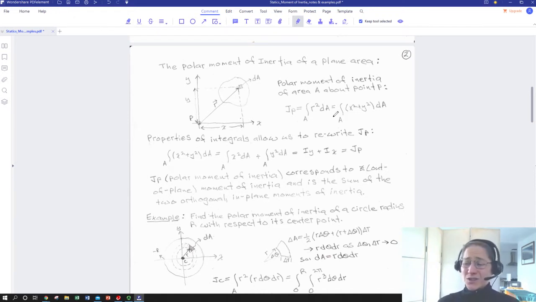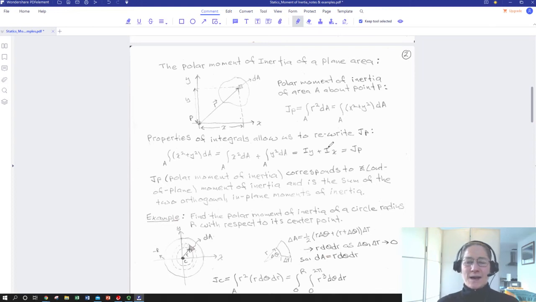Well, a nice relationship here is that we can use Pythagorean theorem to relate r to x and y. So I can just substitute x squared plus y squared for r squared, because of course we have this right triangle relationship. And then I can use the property of integrals that the integral of a sum is the sum of the integrals, and relate the polar moment of inertia to the sum of the single axis moment of inertias that we just described.